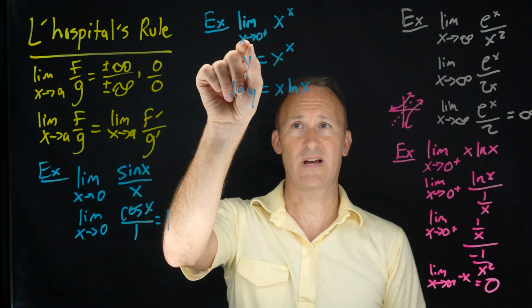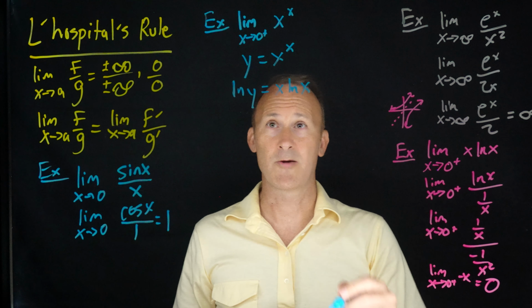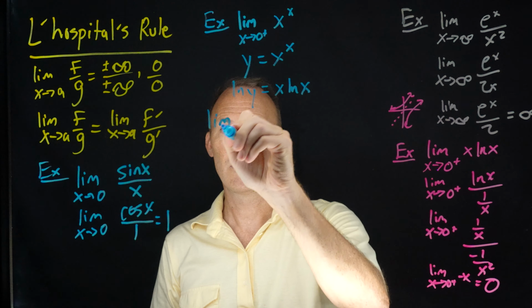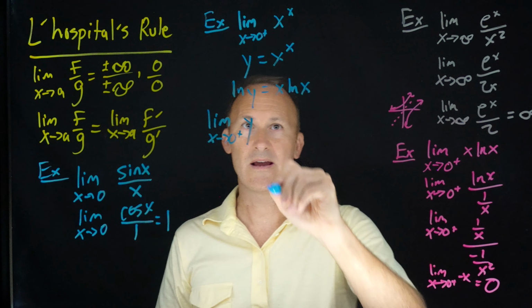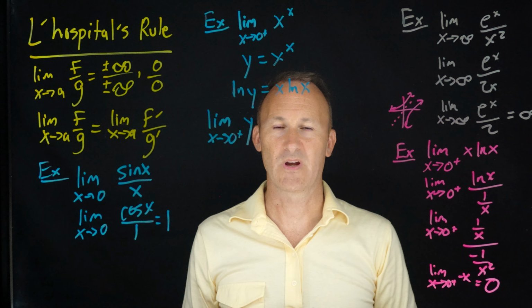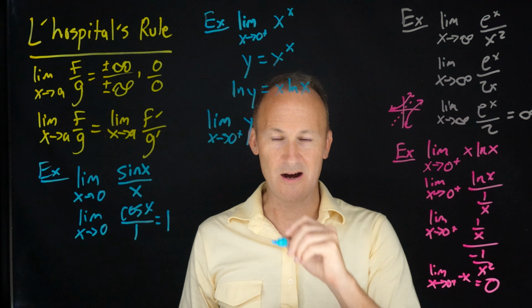Well, we're looking for the limit as x approaches 0 from the right of x to the x. So this is actually good. This is the same as the limit as x approaches 0 from the right of y, right? Because y is x to the x. Okay, that's kind of interesting. And so what can we do now?